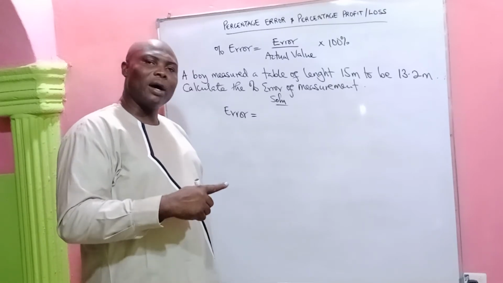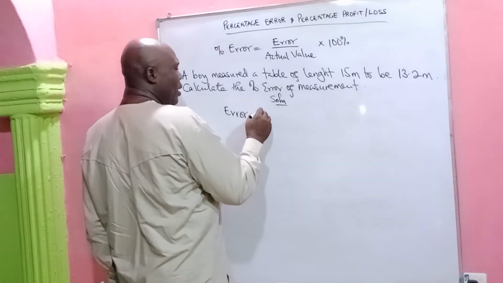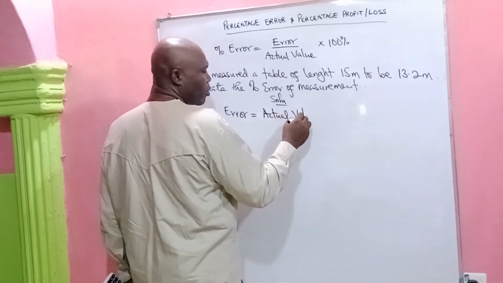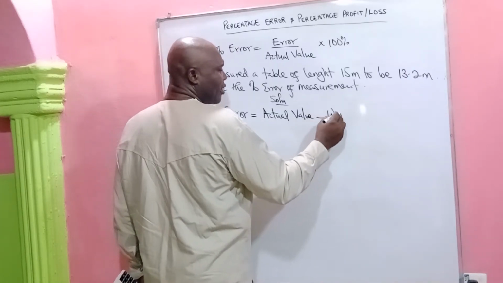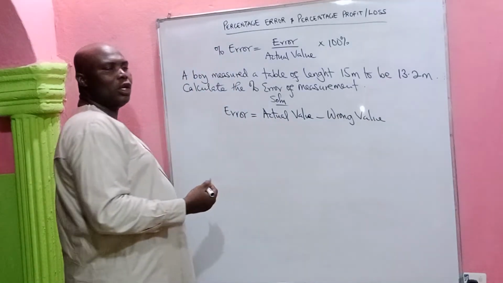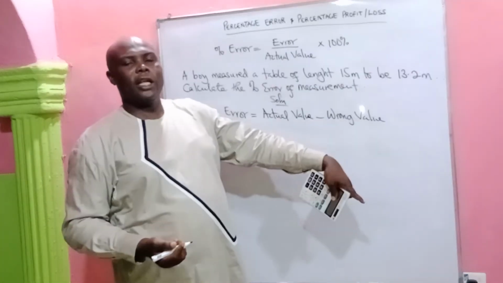So between the actual value and the wrong value, whichever one is higher should come first. So we are going to have actual value minus the wrong value, and this is because the actual value is larger. But if the wrong value is larger, interchange that.